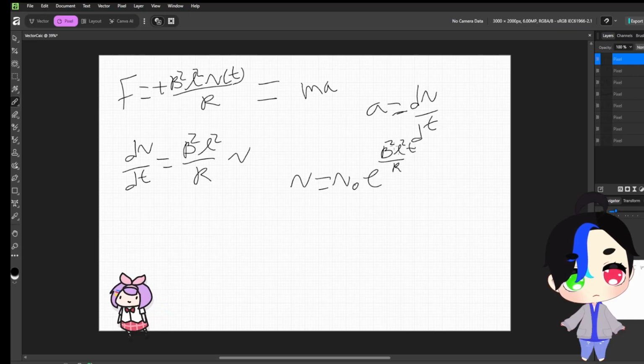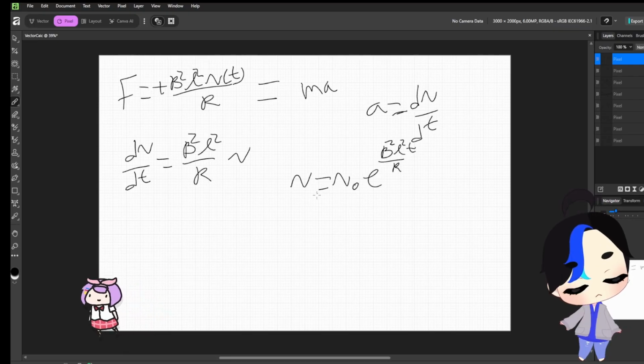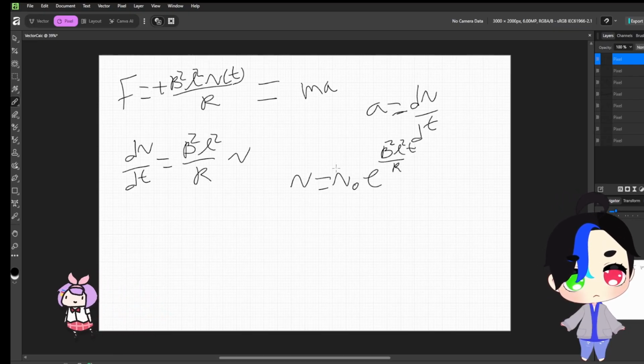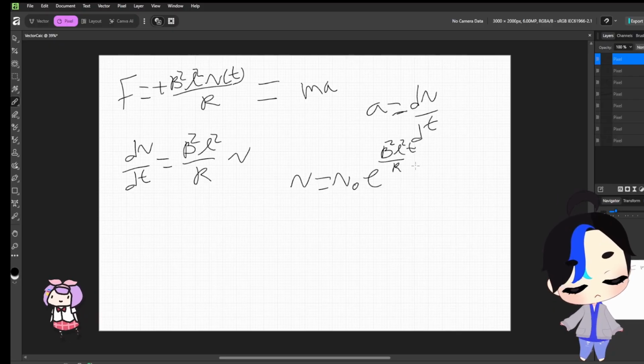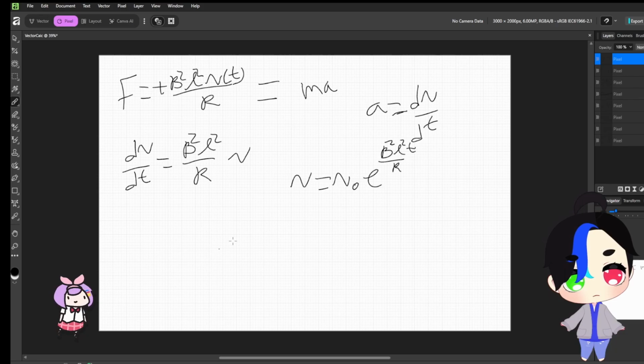This is an exponential. This tells us that the velocity of this rod increases exponentially. And it scales as the exponential of the length of your rail squared.